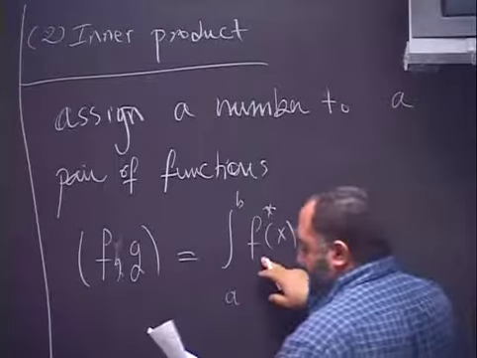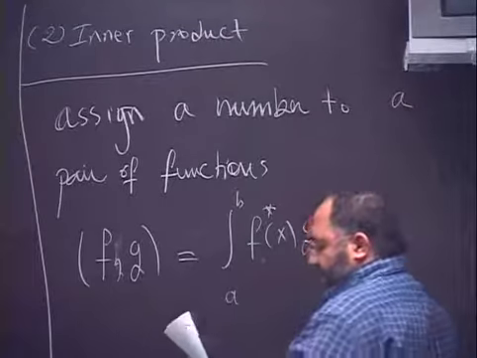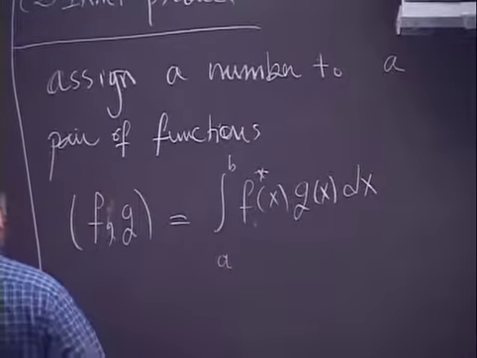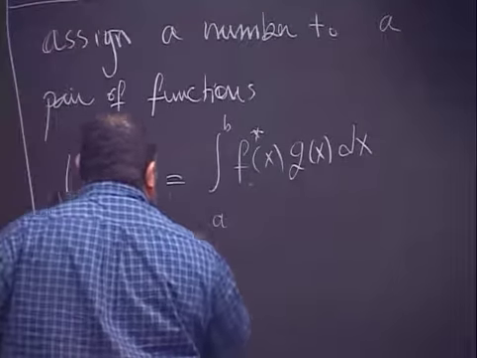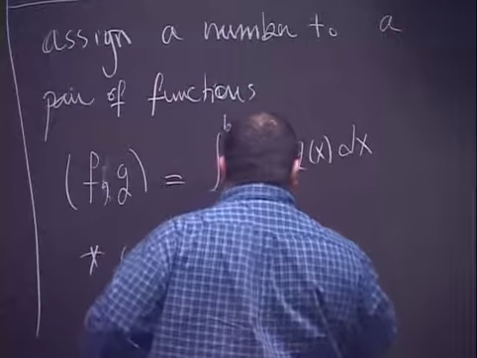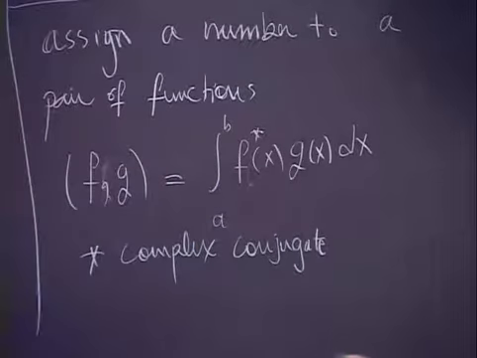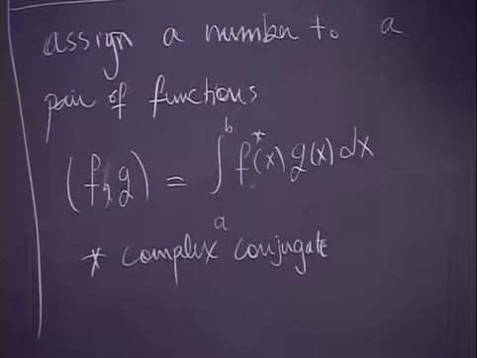So this is f star of x multiplied by g of x dx, where the integration from a to b is just the range of the function, and what you see here as a star is the complex conjugate.